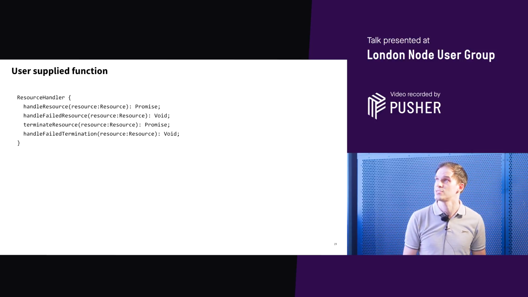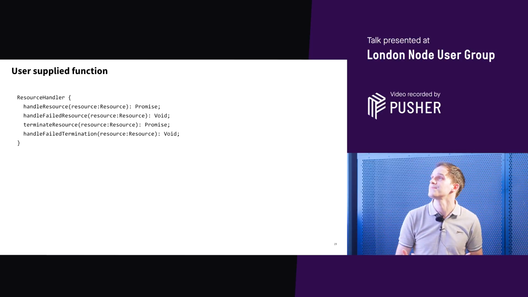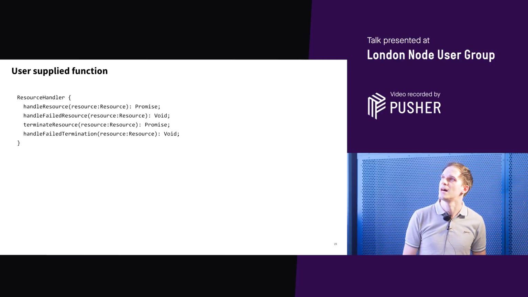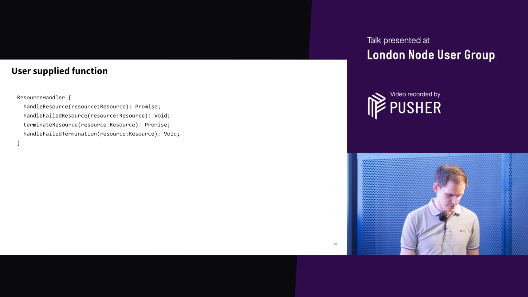Handle failed resource is called if there's an error when you try to handle the resource. Terminate resource will be called when the resource needs to be terminated. That's usually called when the resource needs to be rebalanced in the hash ring. And then handle failed termination is called when there was an error trying to terminate the resource.